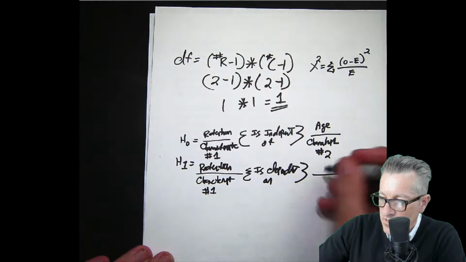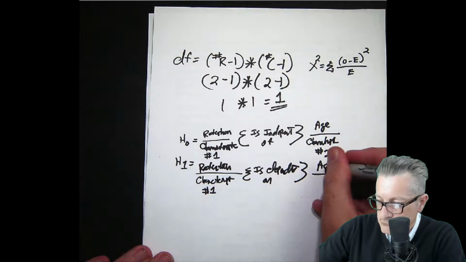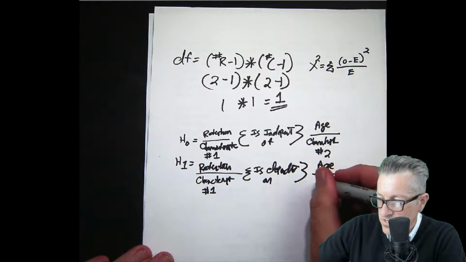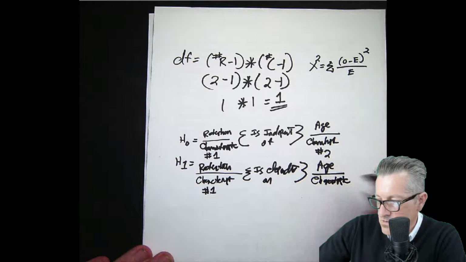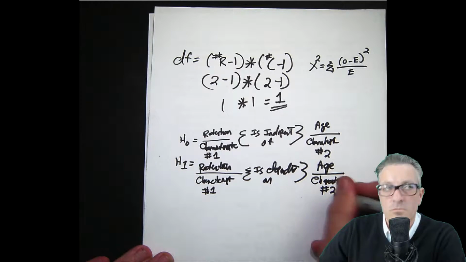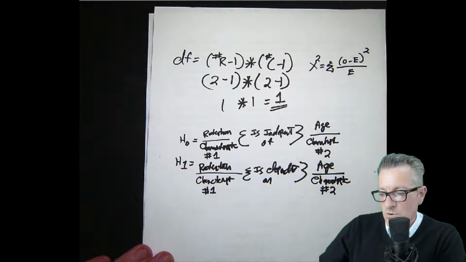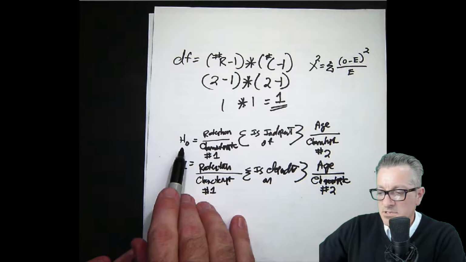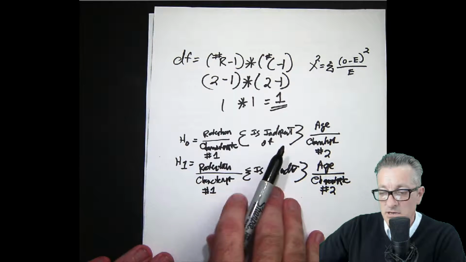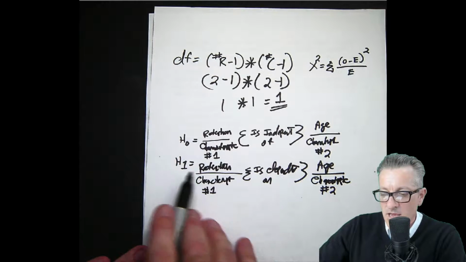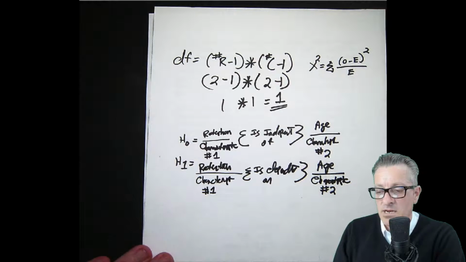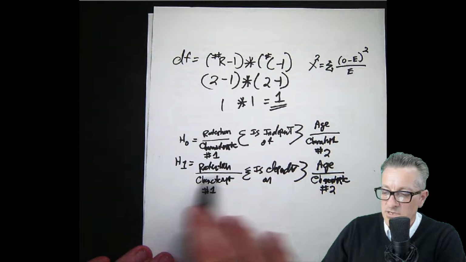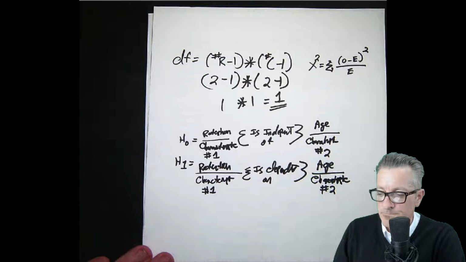So is dependent on age, which is characteristic number 2. So the first one, the null hypothesis, is it is independent of, test of independence. And then the alternative hypothesis is it is dependent, meaning there's some type of dependence on the other.